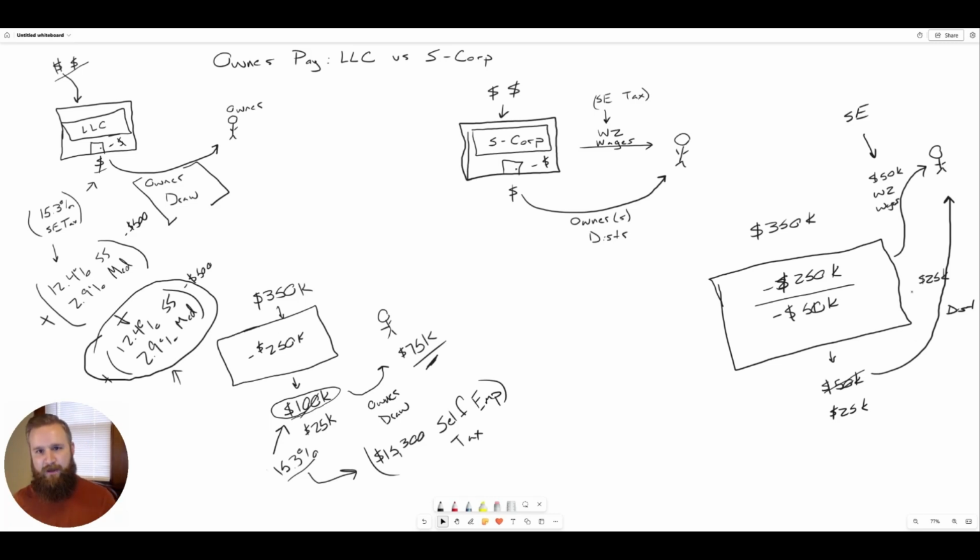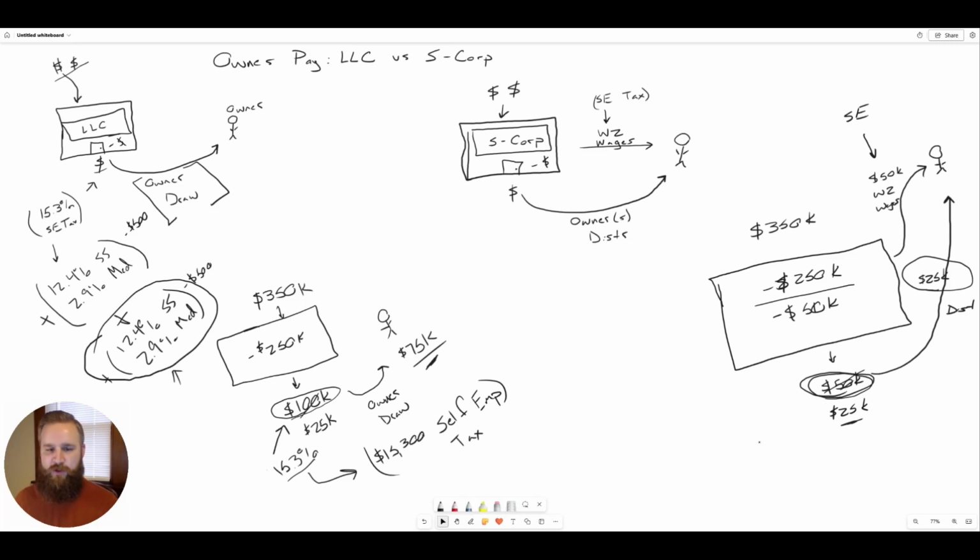So again, one of the complexities here is most people think, well, I'm only going to be taxed on this $25,000 because I left the rest in the bank. So it's in the business. Like I didn't take it out. You will still be taxed on this $50,000 because this $50,000 profit flows through to your personal return. The only entity that does not have this is the C-Corp. The C-Corp, if you leave $25,000 in the business, the C-Corp is going to pay taxes on the $25,000.